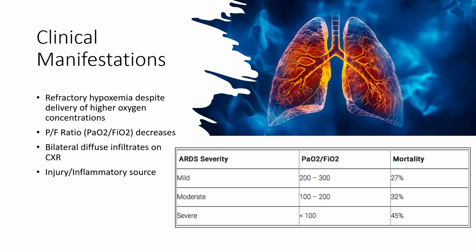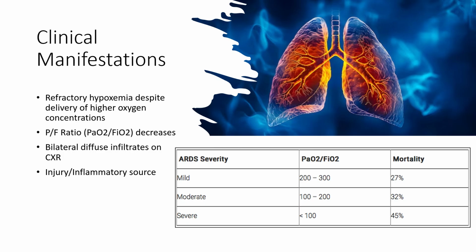Clinical manifestations of ARDS are going to include those nonspecific signs of hypoxemia, such as tachypnea, increased work of breathing, dyspnea. However, in order to make a differential diagnosis of ARDS, all of the following criteria must be met.